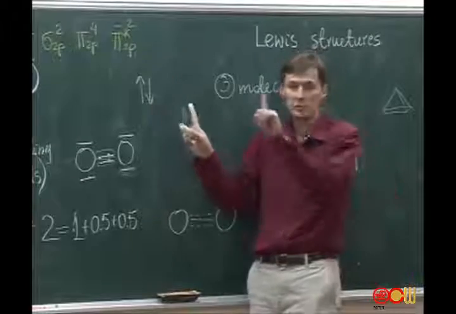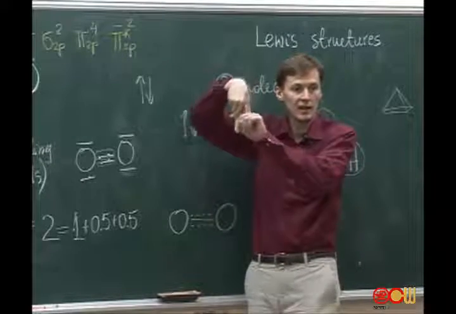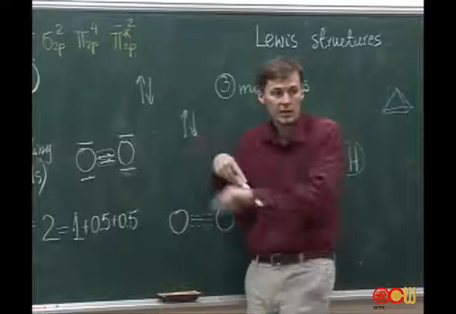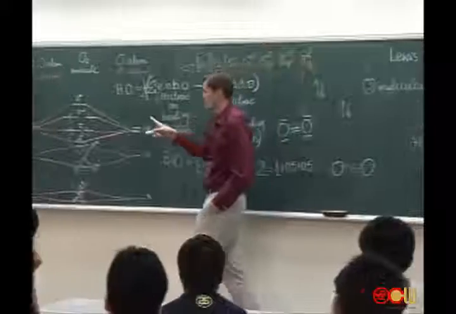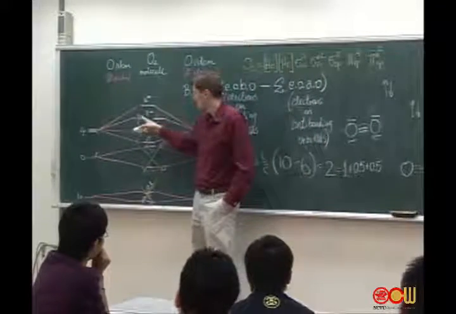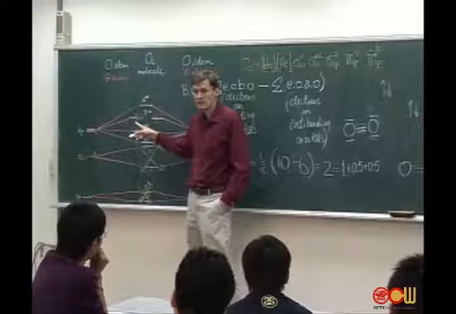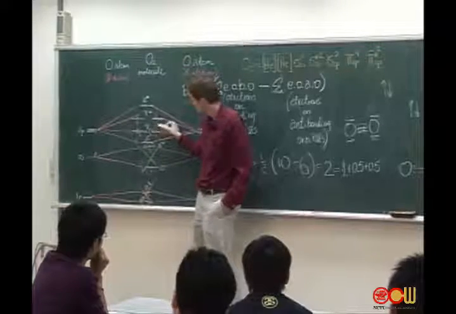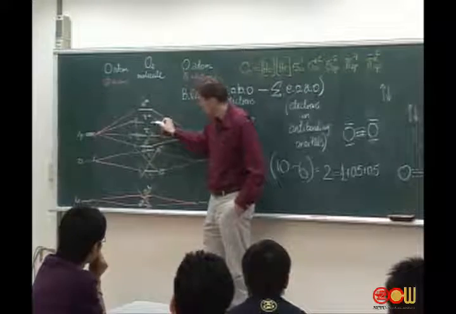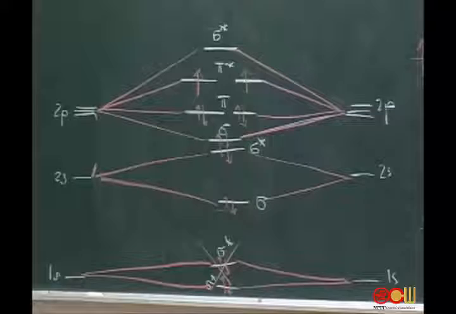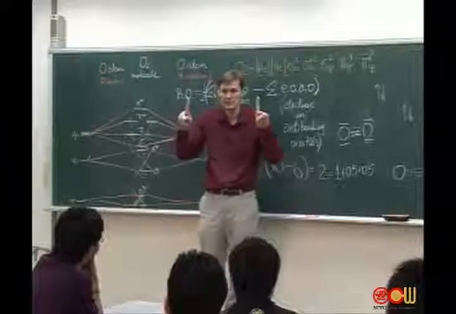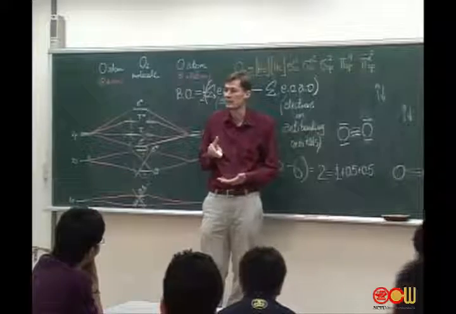So you see that the spin up and spin down cancel here and here. But in our case, we see that the spin here doesn't cancel. So the molecule has 2 spins and they can interact with a magnetic field.